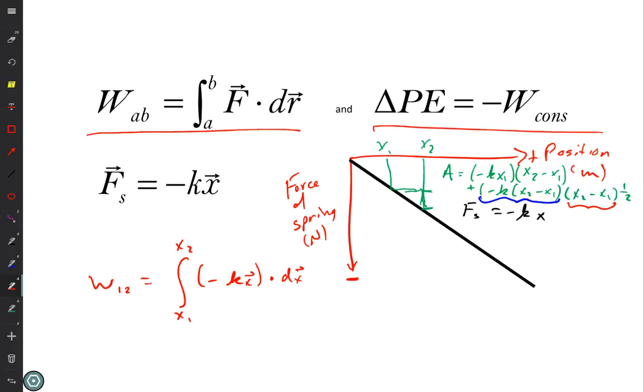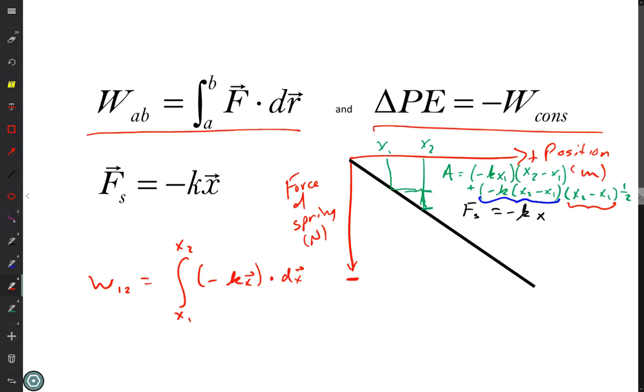Now, when I have a dot product, what does the dot product mean? Only multiplying the parallel parts. So I have here x vector, which is in the plus x direction. I have dx vector, which is in the plus x direction. Those are the same direction.